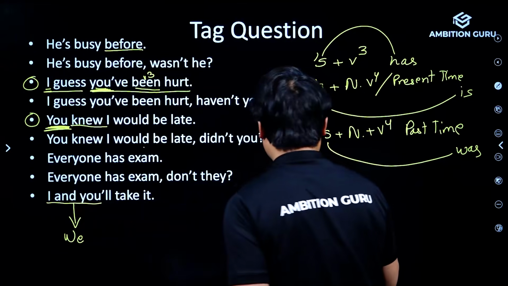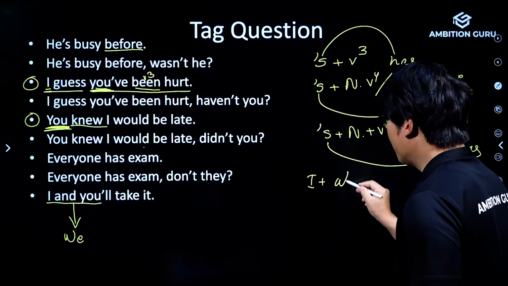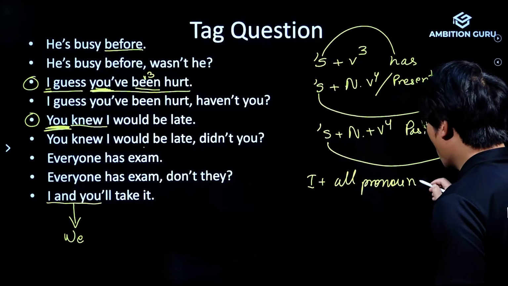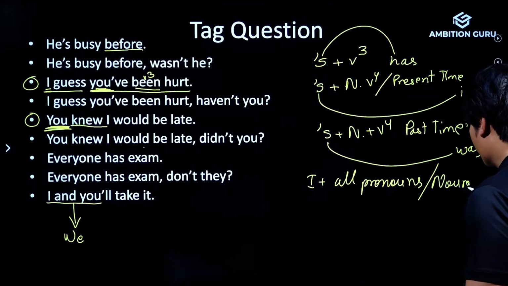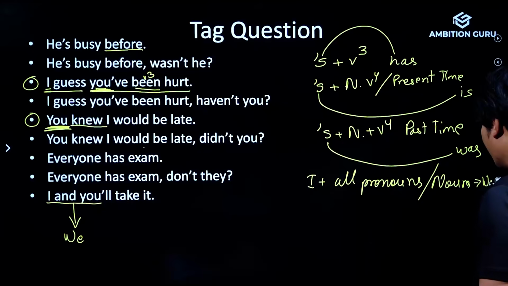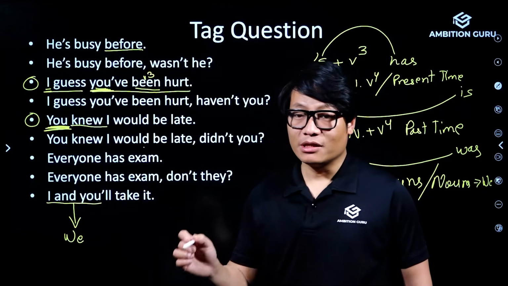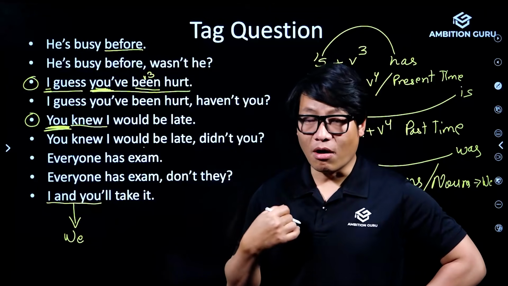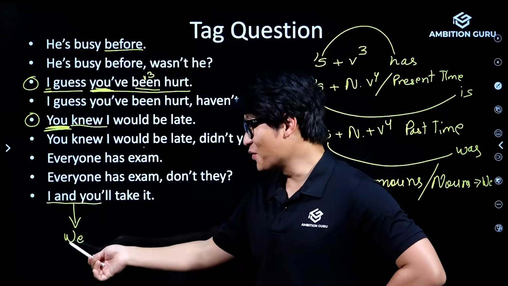And we need to understand, if there is I plus any other pronoun, this is the rule: all pronouns or nouns combined with I become "we". Like, for example, I and you, or I and Timi, so it becomes "we".